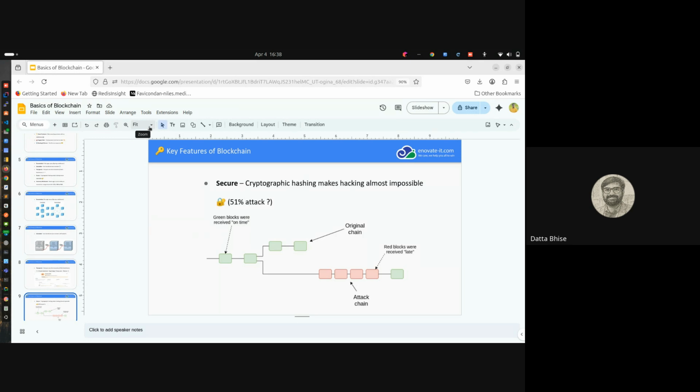You have to stake coins, and whoever stakes more coins has the right to create the block. So they are a little bit controlled, not distributed. It's still distributed, but controlled. But coming to Piyush's question about the longest chain.